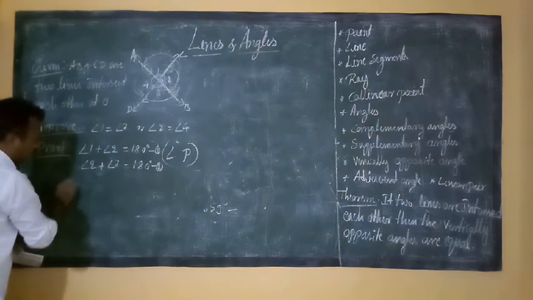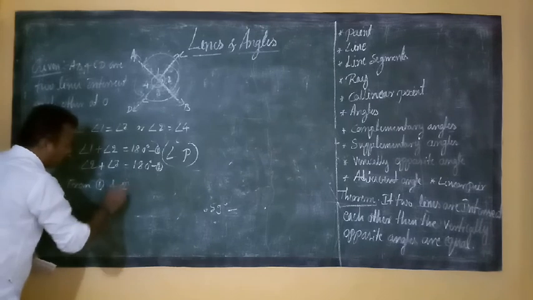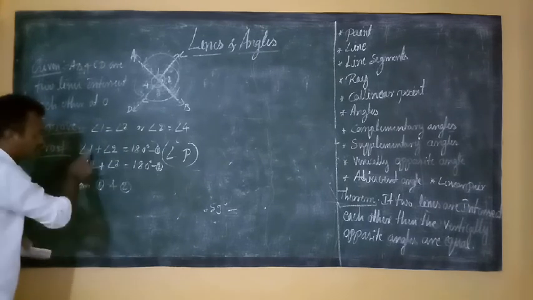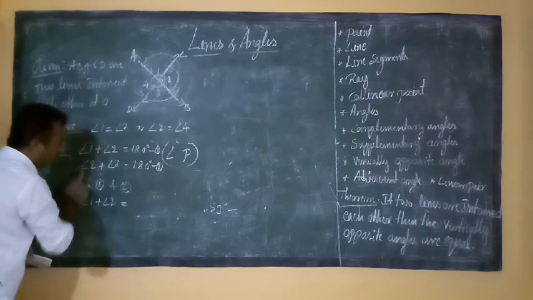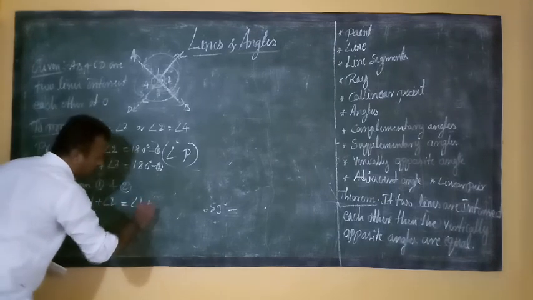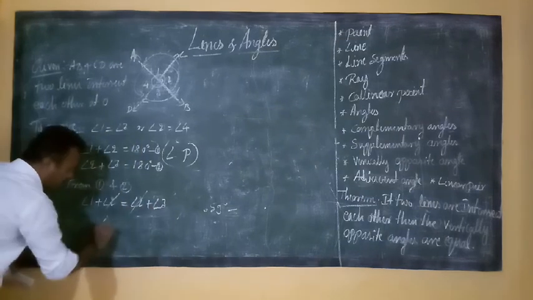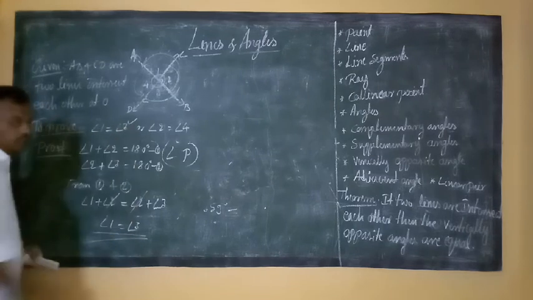First we have to equate 1 and 2. Since the RHS is equal, the LHS is also equal. Angle 1 plus angle 2 is equal to angle 2 plus angle 3. Angle 2 gets cancelled, remaining angle 1 is equal to angle 3. See, the first point is proved.